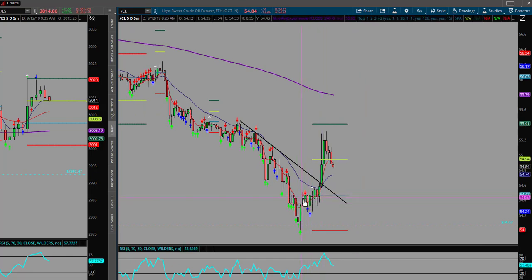Notice too that we also have the shorter term moving averages starting to cycle back through to the upside. That gives us an additional confirmation to go ahead and take a long trade from around the 54.45, 54.50 level, and look for targets up around the 54.90 to 55 even level. And that's exactly what happened in just a few short bars.